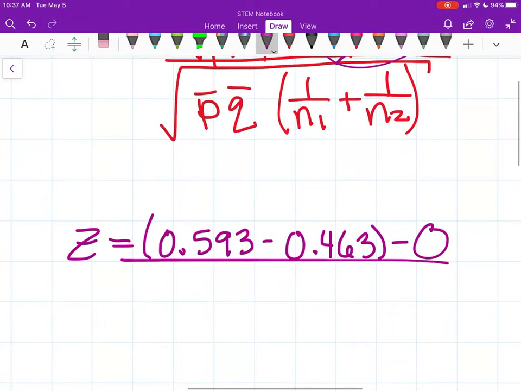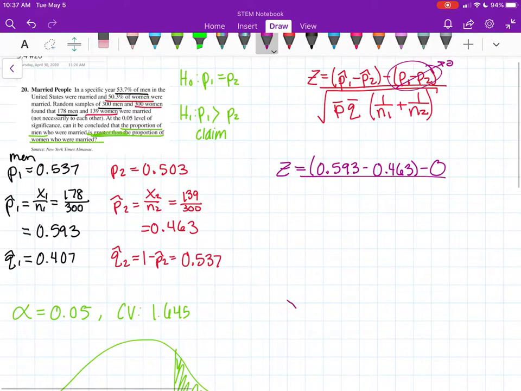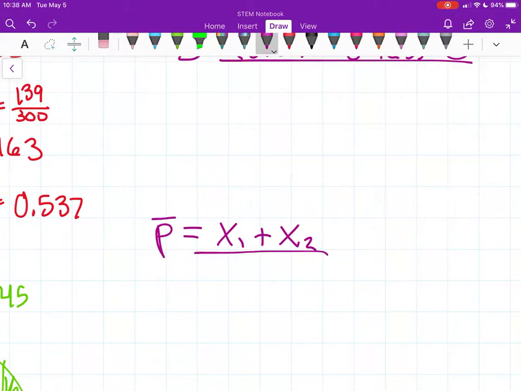Oh, we have to compute p bar and q bar first. P bar is x1 plus x2 over n1 plus n2.